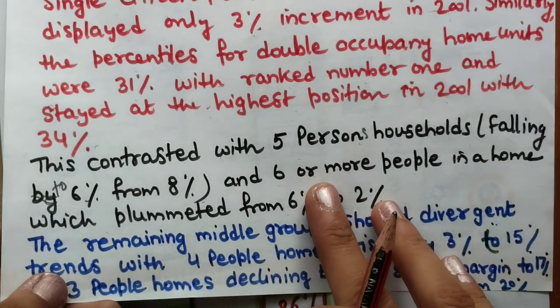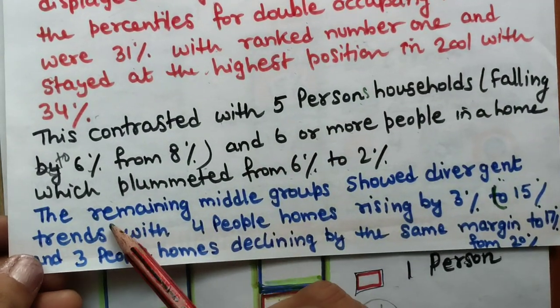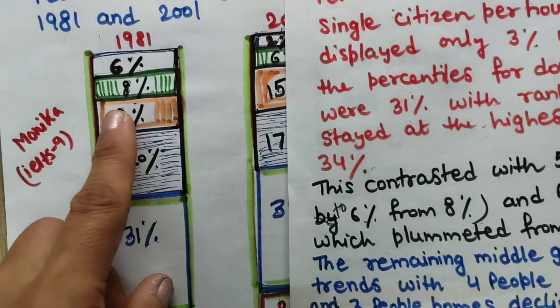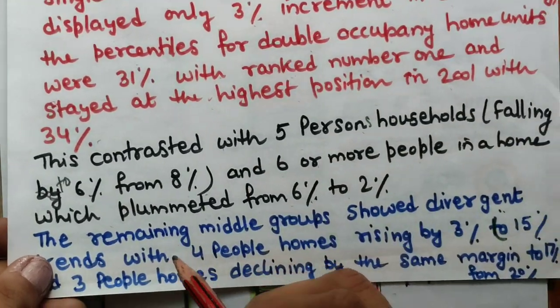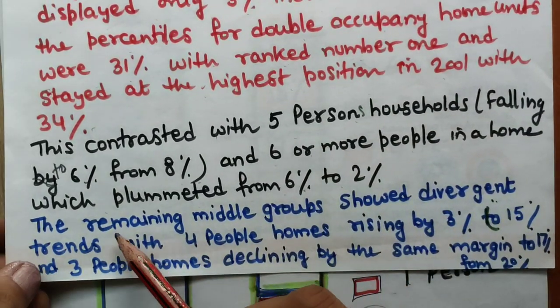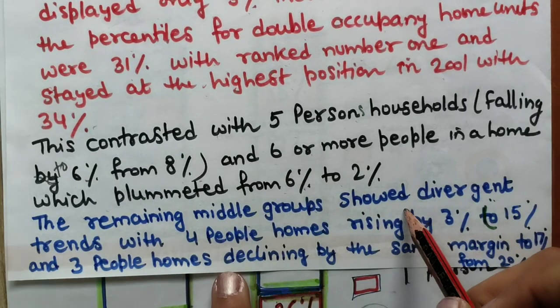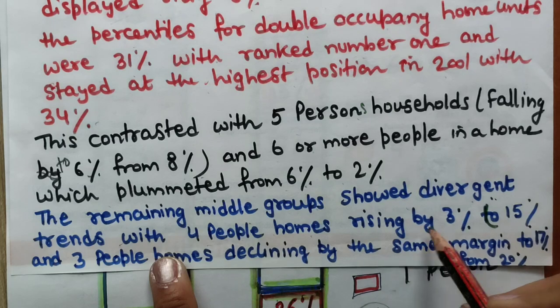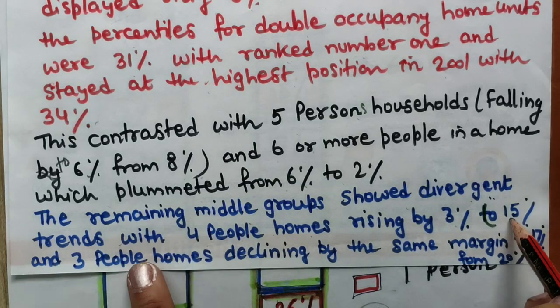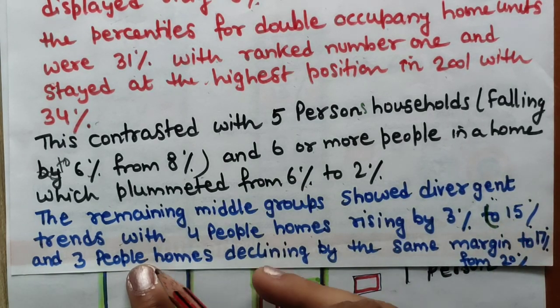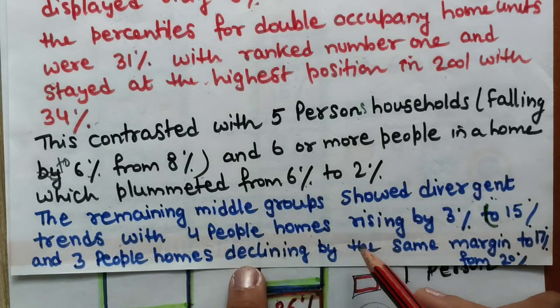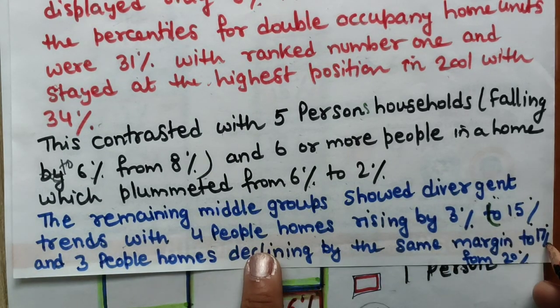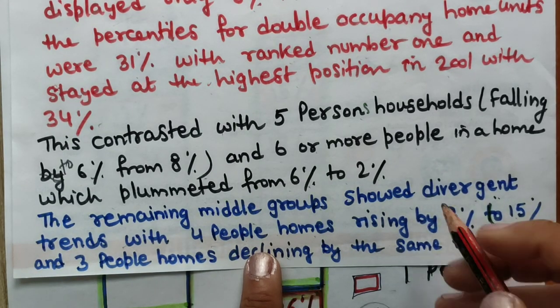The same information I have given. Now the middle 2, you can combine somewhere if you want. The remaining middle groups showed divergent trends, with 4 people homes rising 3% to 15%, and 3 people homes declining by the same margin to 17% from 20%.